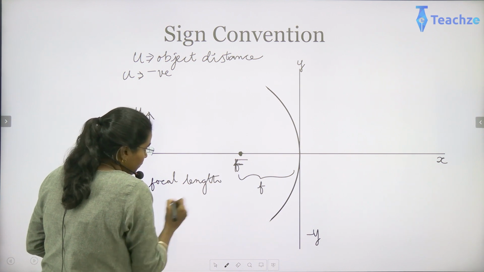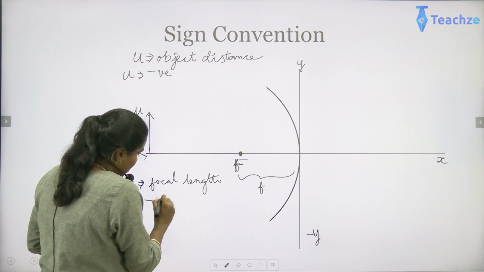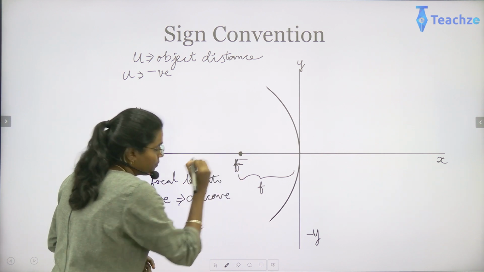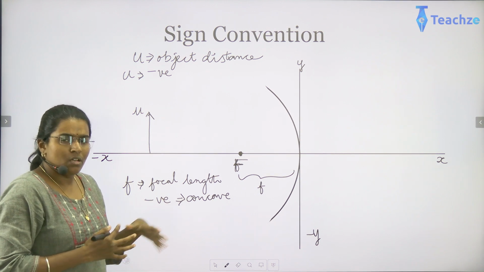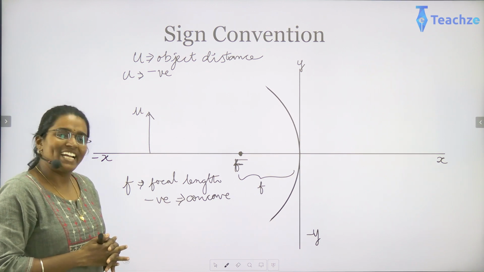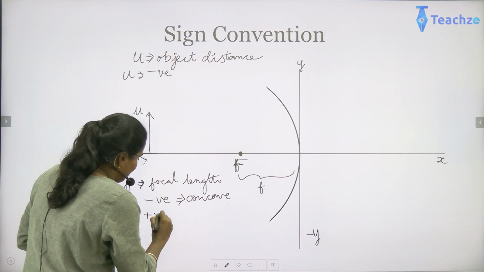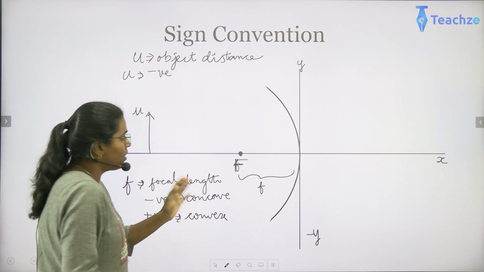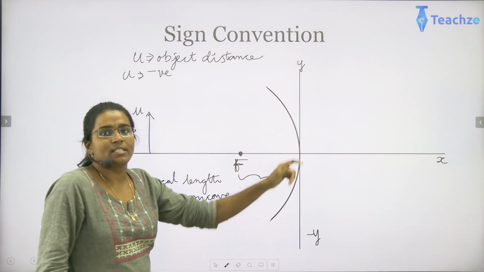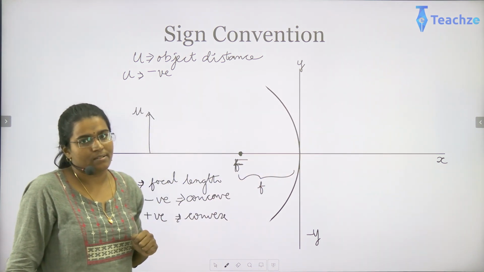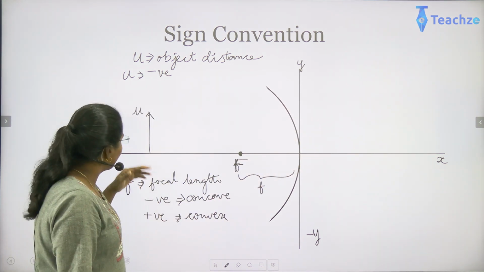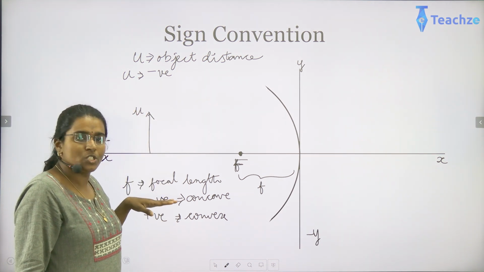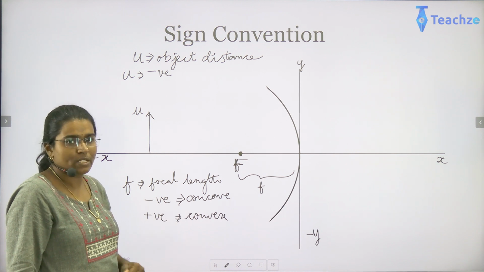Focal length will be negative for concave mirrors. Good. What about the convex mirror then? It will be positive. Very good. So focal length will be positive for convex mirrors because I take my focal length and center of curvature on the other side. Good. So we have finished object distance, which is always negative, and focal length, which is negative for concave and positive for convex mirrors.